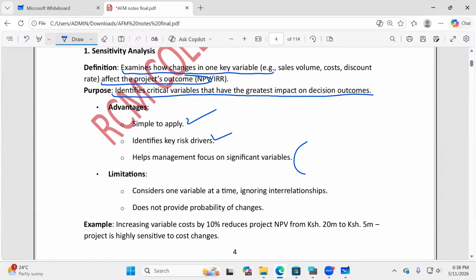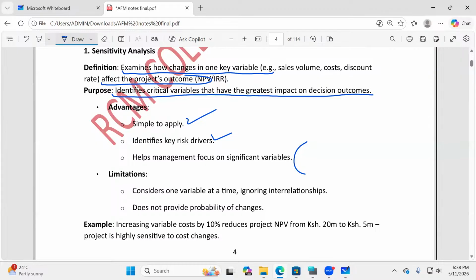So the key advantage, and you'll be able to see this in your past papers, is that sensitivity analysis is quite a simple model to use. It will help us to identify the key risk drivers. It will help management to focus on significant variables, those material, those sensitive variables.